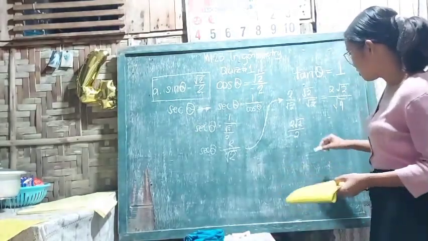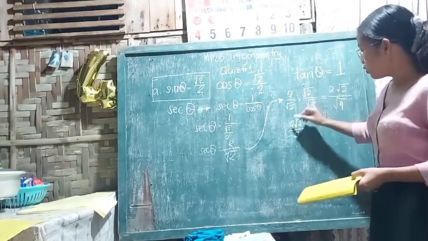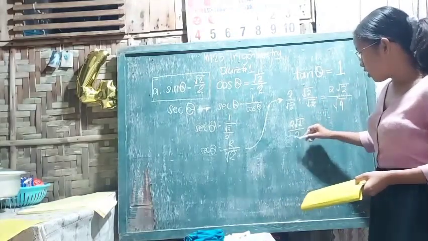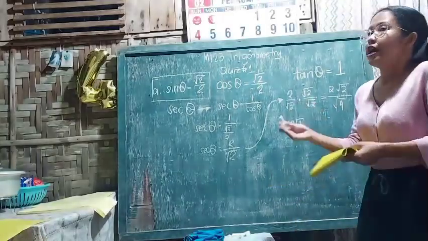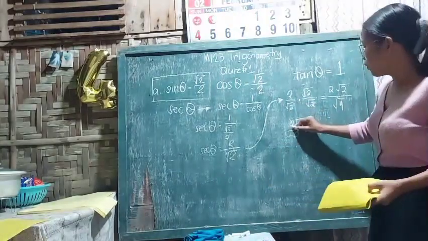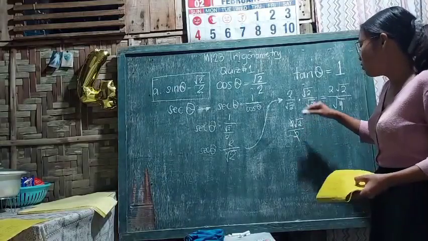And since 2 over 2 are the same values, if you divide them, it will equate to 1. We're going to remove this.